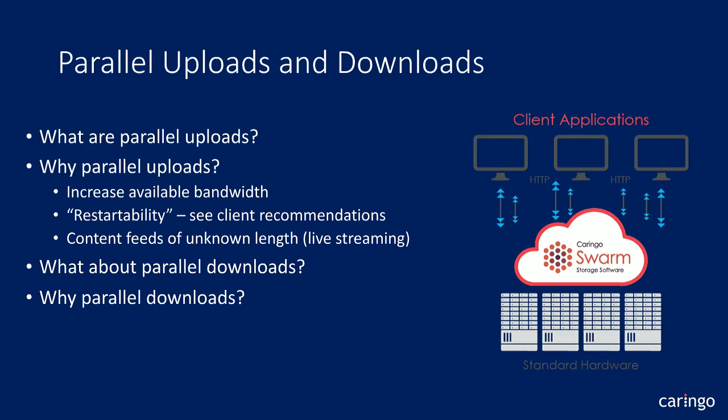Another way to use range reads, though, is kind of the opposite of what I was talking about uploading, in that you can open multiple socket connections to download multiple parts of a single file at a time in order to achieve more speed from either a single host talking to the storage system, or from multiple hosts talking to the storage system and doing some coordinated activity with themselves.